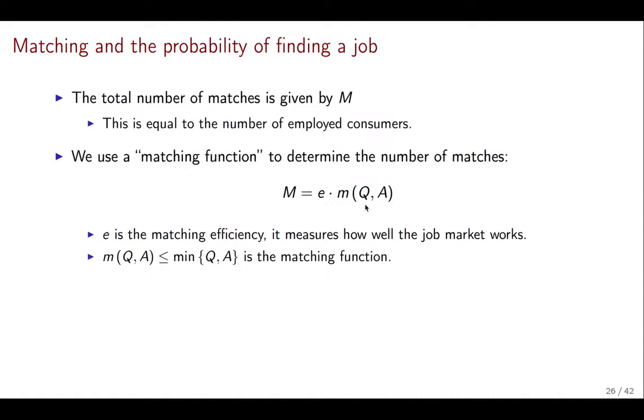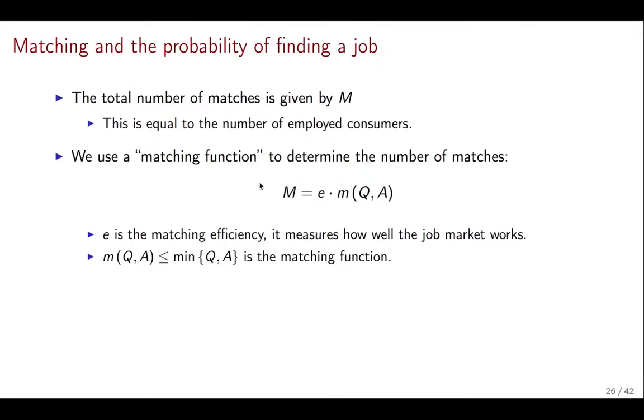If there are more searchers and more vacancies, you can generate more matches. E, the matching efficiency, is going to be determining how you can transform Q and A into more M, how you can transform this search into more matches.